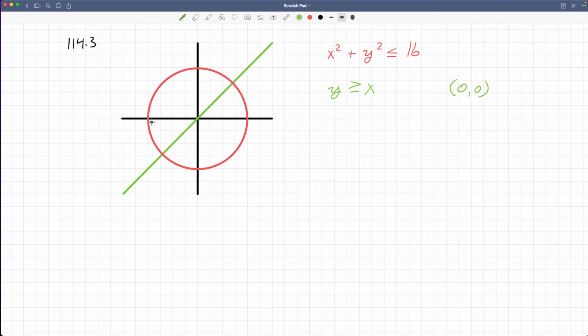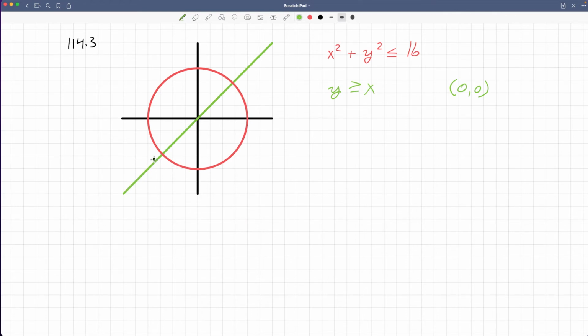This should have been negative 4 and 0. So it's 4 all the way around, centered on the origin. We know it's centered on the origin because there are no coefficients here that would move it one way or the other. So now we have some areas we have to think about.